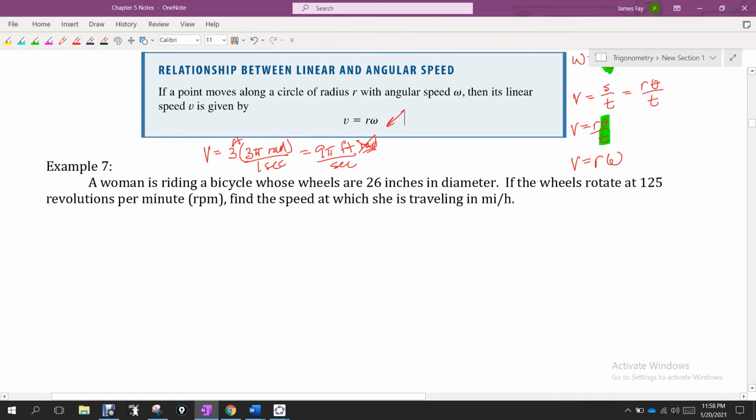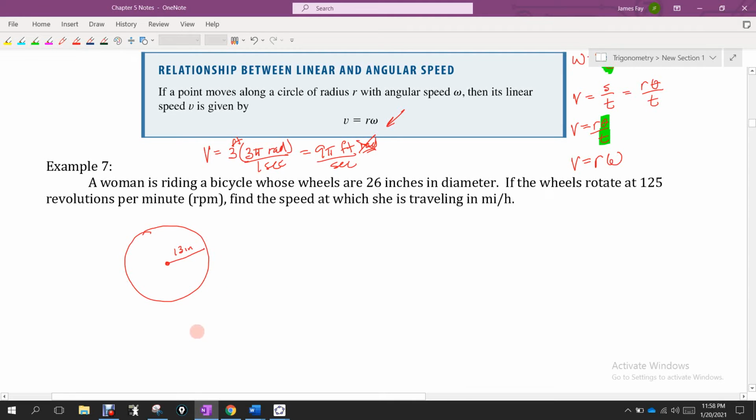Number 7 says a woman is riding a bicycle whose wheels are 26 inches in diameter. Okay, so we got a bicycle wheel here, 26 inches in diameter. So that means that the radius is 13 inches.